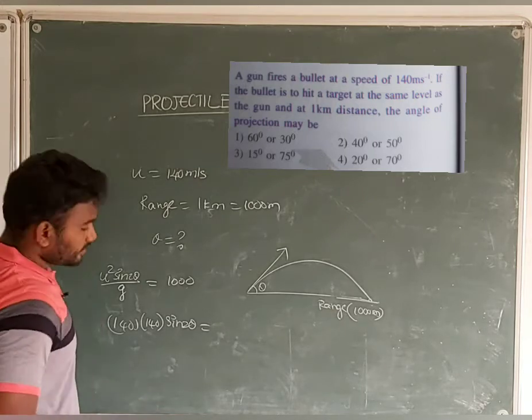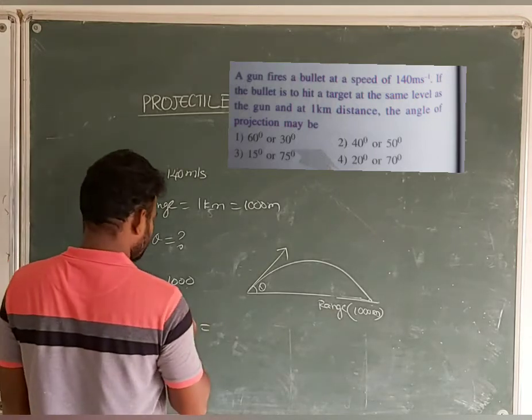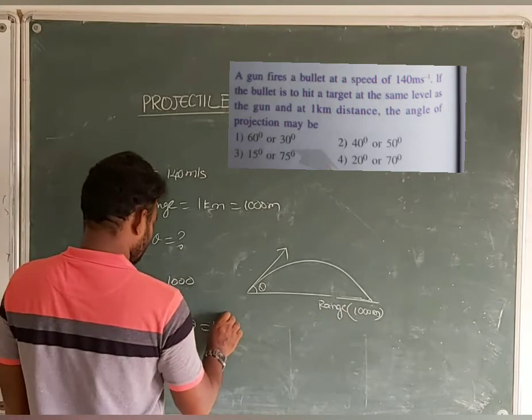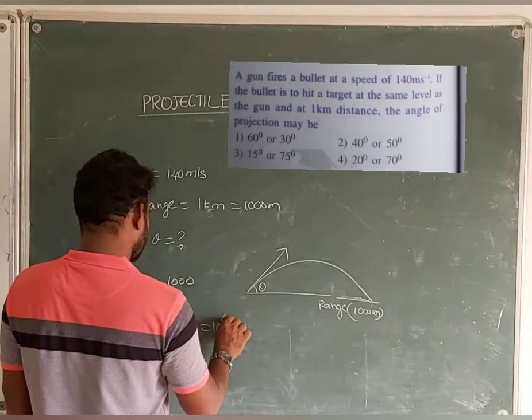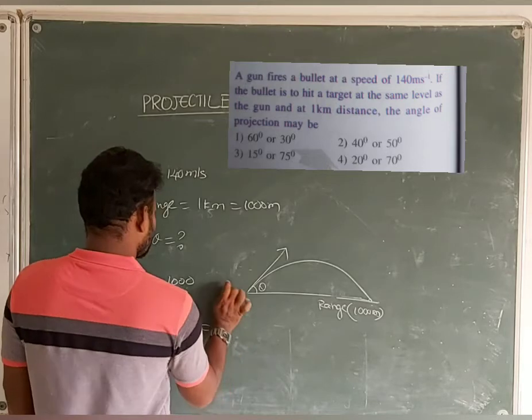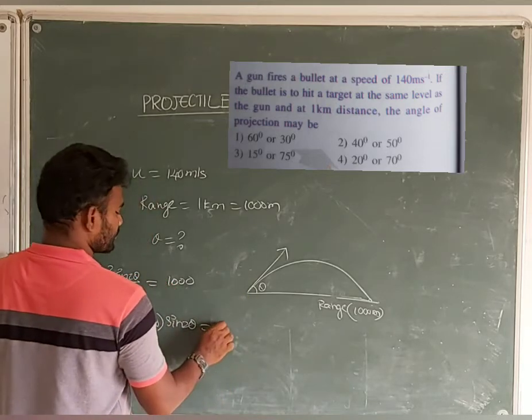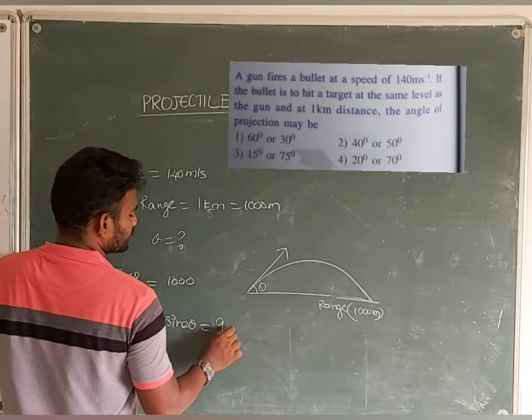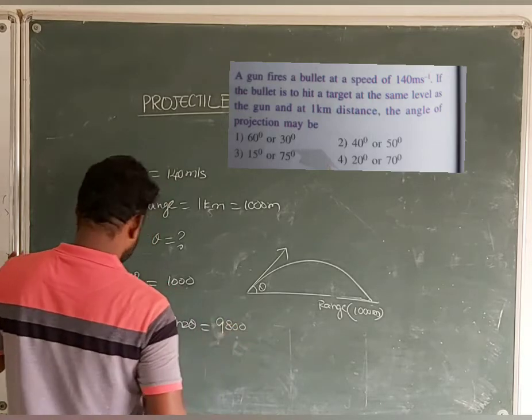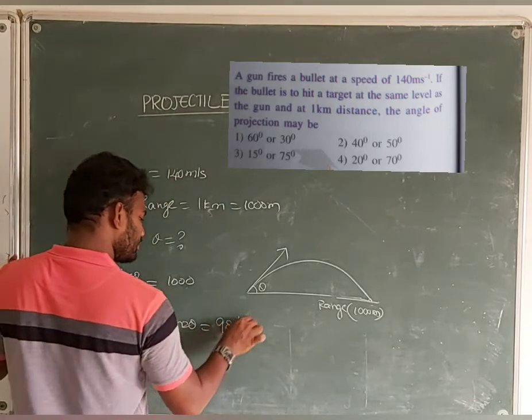So for the angle of projection, 1000 is 10 power 3. Better you can take 9.8, students, so 9800 you can take. Now these zeros cancel.